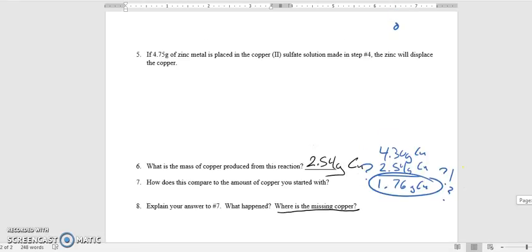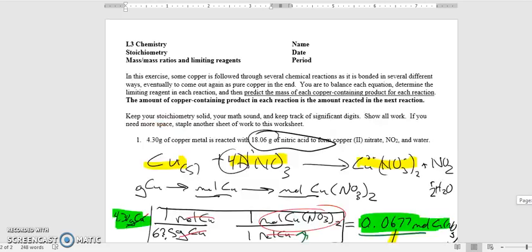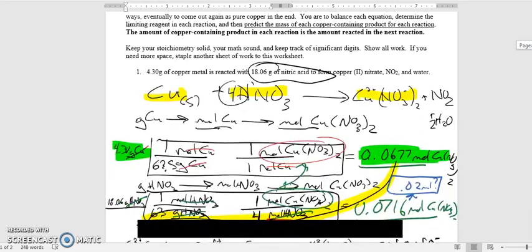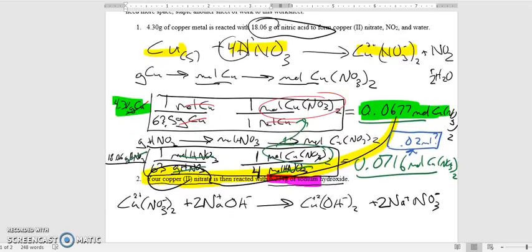Well, let me give you a hypothetical. Might help you think your way through this. Let's look at this first question. Now imagine that the math had gone differently, that at the beginning, instead of having 18.06 grams of hydrogen nitrate, let's say you had 9.03, half as much. That would have given you half as many moles of this stuff.